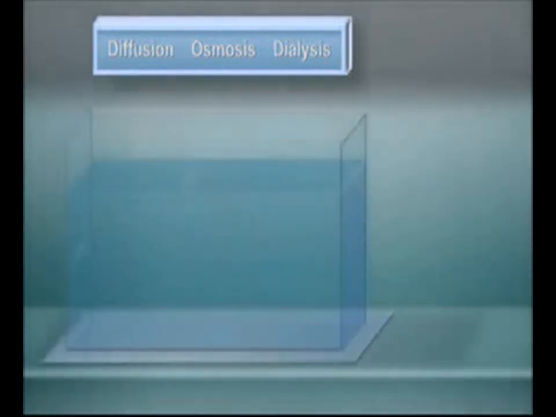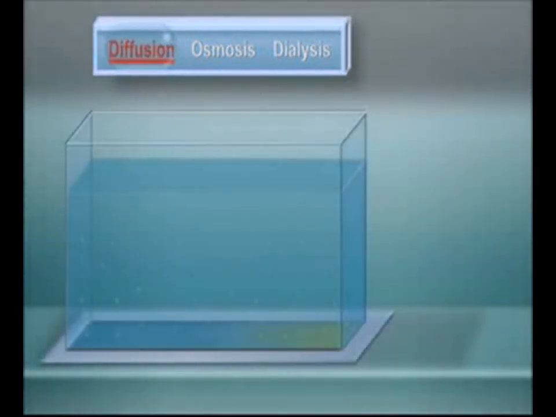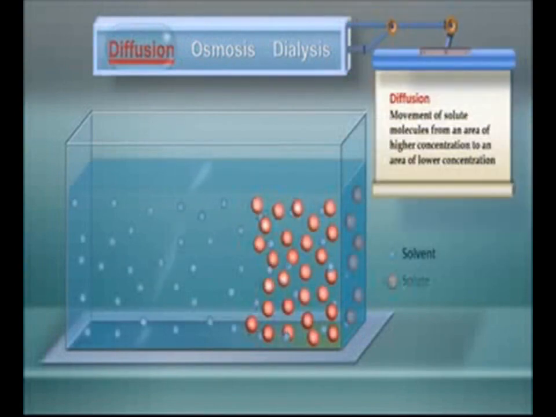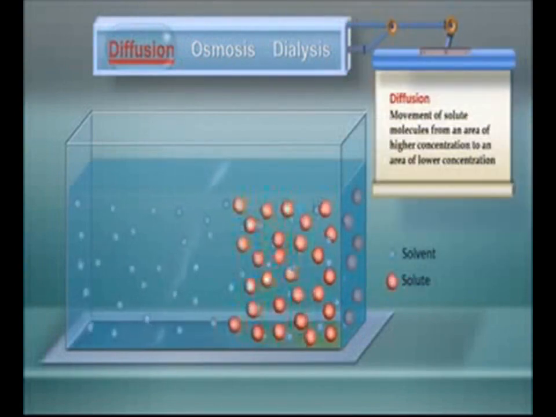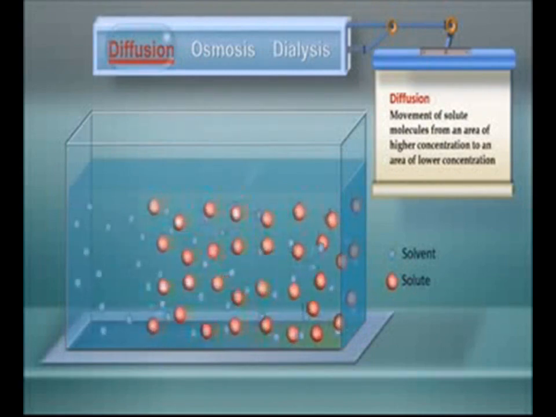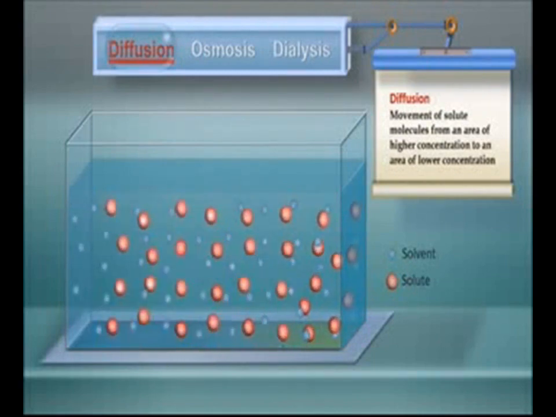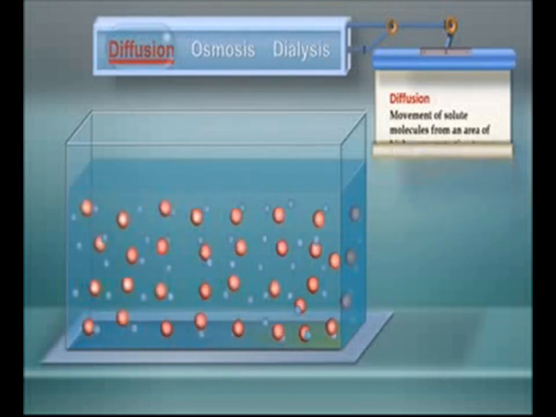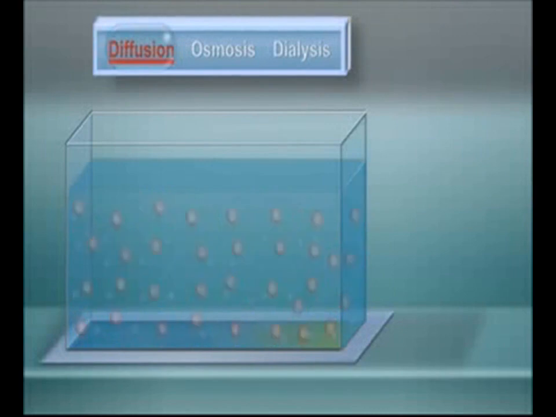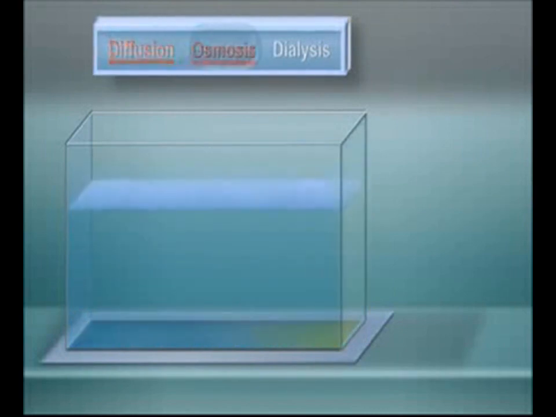Now see here, in this video, the red molecules are the solute and the blue ones are the solvent. See how the red molecules or the solute are moving from their higher concentration to their lower concentration and spreading in this process. This is diffusion. Now next we will see osmosis. See the semi-permeable membrane in between.